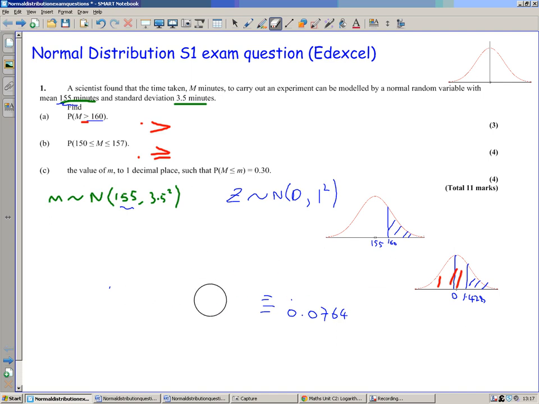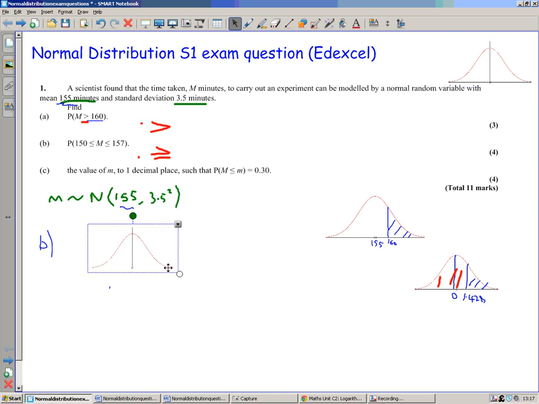Okay, so for part B, let's do a diagram for it, because it's always the first thing you think of, isn't it? This time it's going between 150, which is slightly less than the mean, to 157, which is slightly more than the mean.